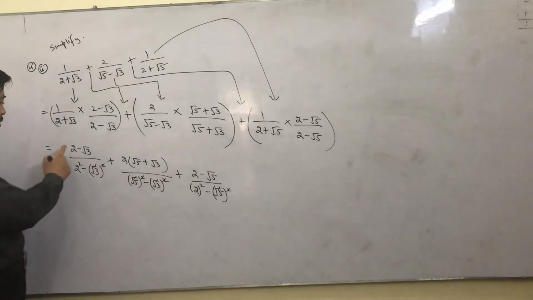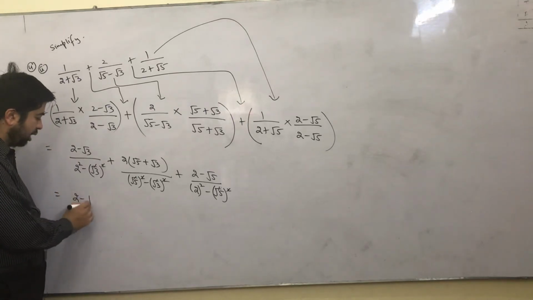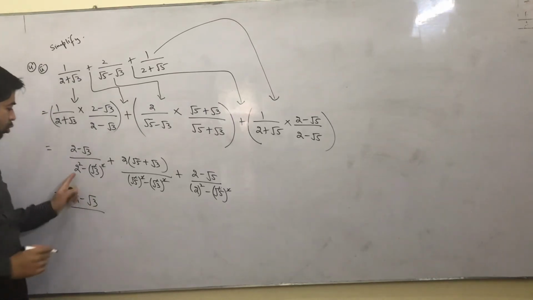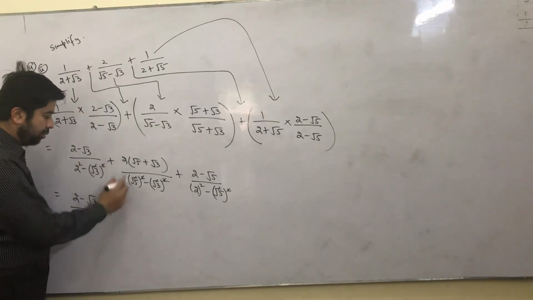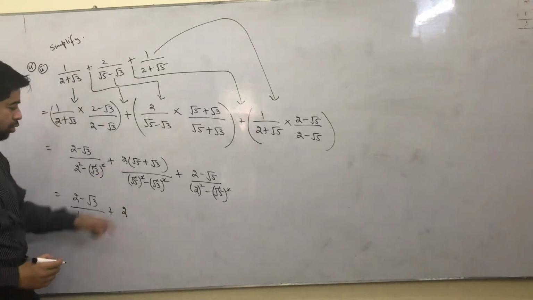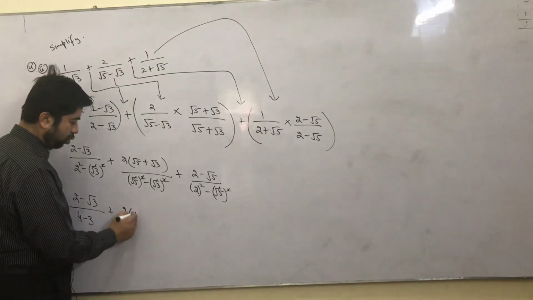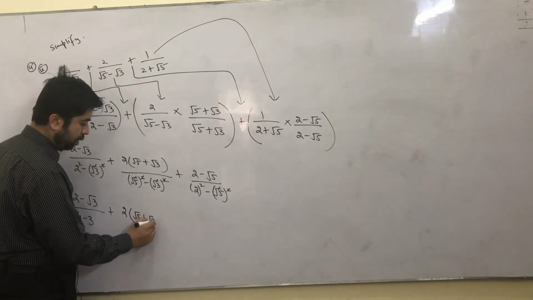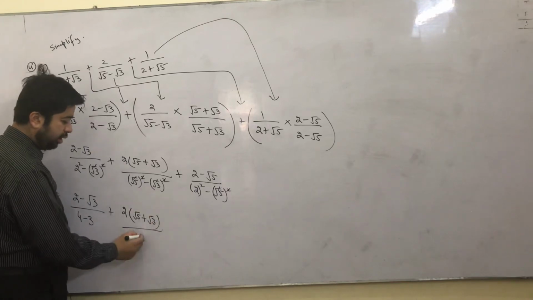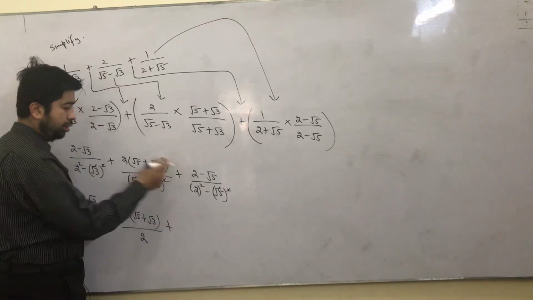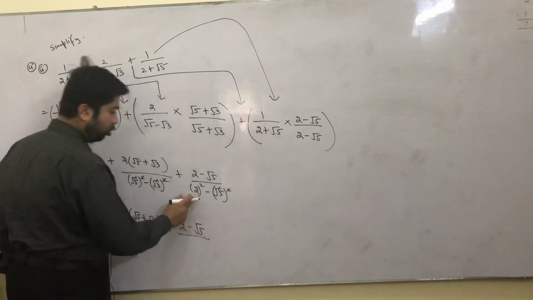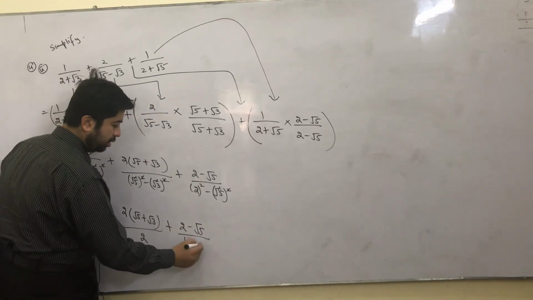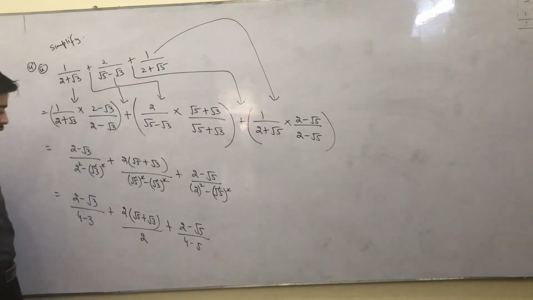So now you have 2 minus √3, and in the denominator 2 square, that is 4 minus 3, plus 2, and in the numerator √5 plus √3. In the denominator 5 minus 3, that is 2. After that 2 minus √5, in the denominator 2 square, that is 4, minus 5 after the square cancels the square root.